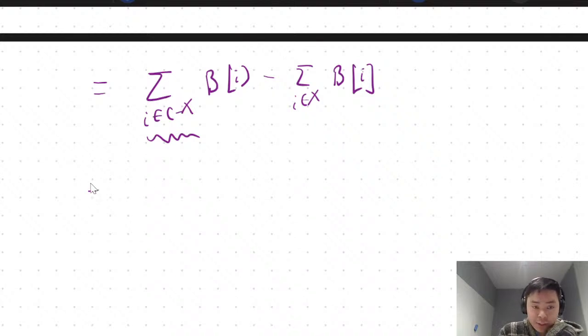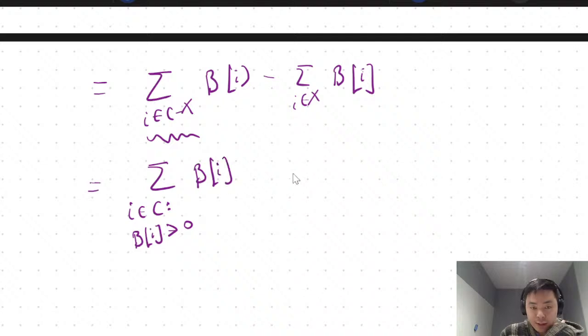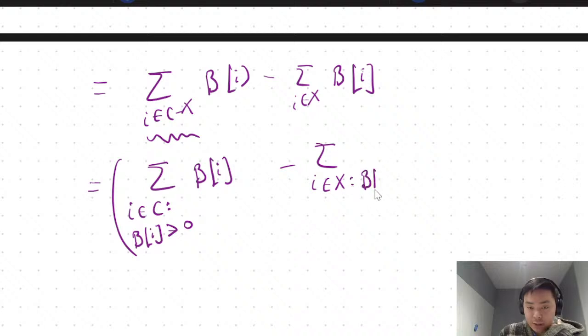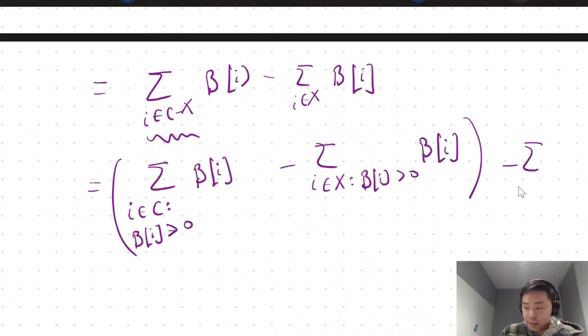So I'm going to pull this out and write it as the sum over I in C, as long as B of I is positive, greater than 0, of B of I, minus the sum over the courses in X where B of I is positive, minus this other set here.